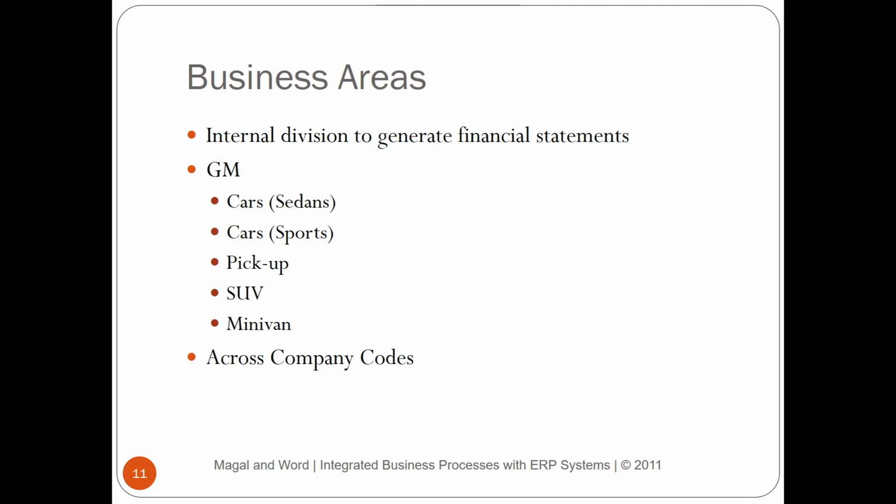A segment is a division of an enterprise for which management monitors performance, such as revenue, costs, and profitability, separately from other segments. Financial statements are generated for each business area within the enterprise. So a business area is often based on the enterprise's product line or its geographic division across company codes.